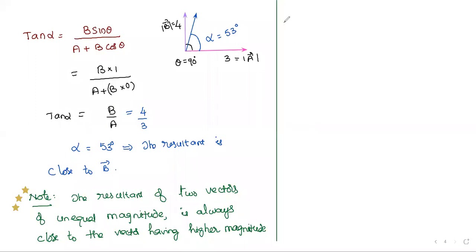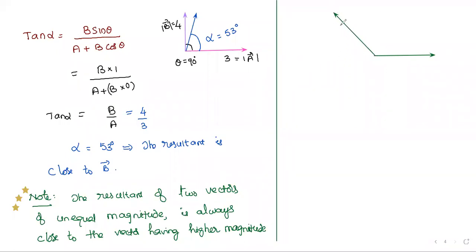Good. Now if I ask one question: suppose two vectors are taken at an angle more than 90 degrees, like this. These are the two vectors.